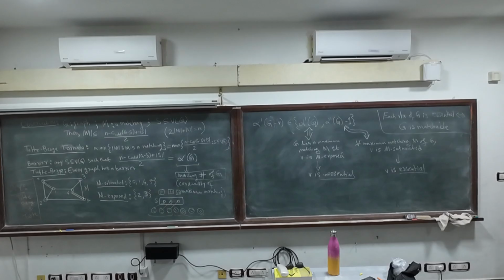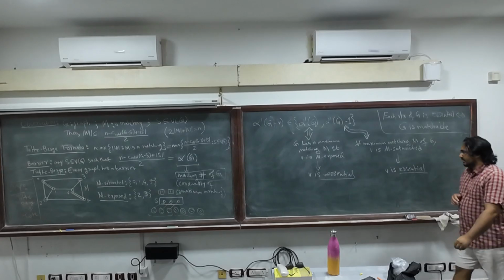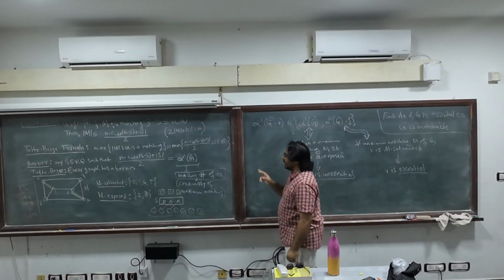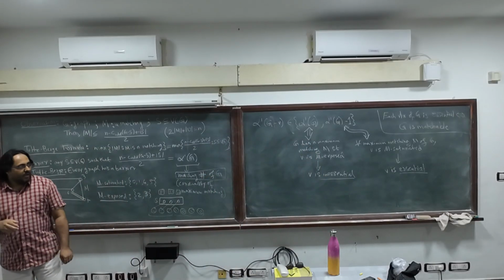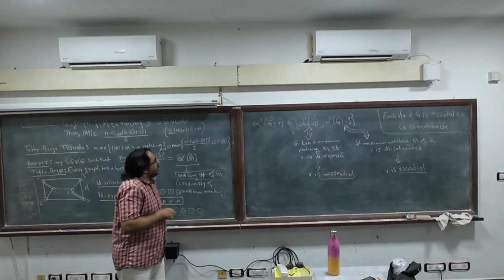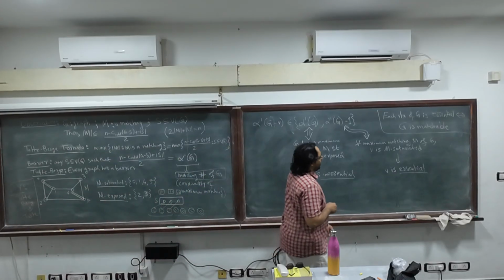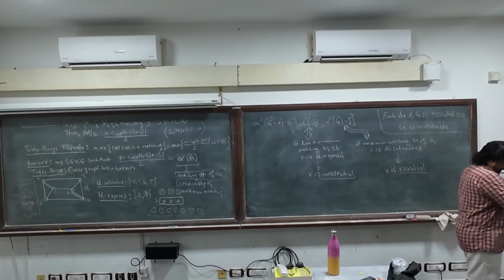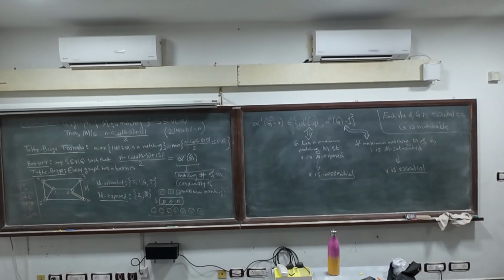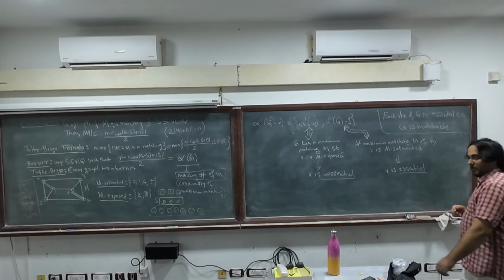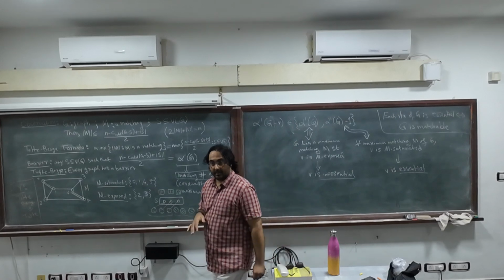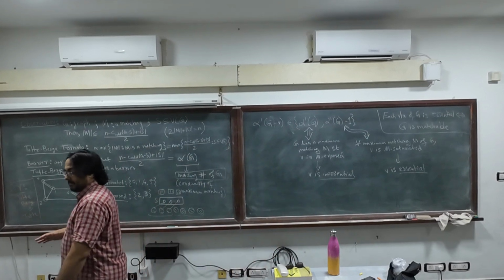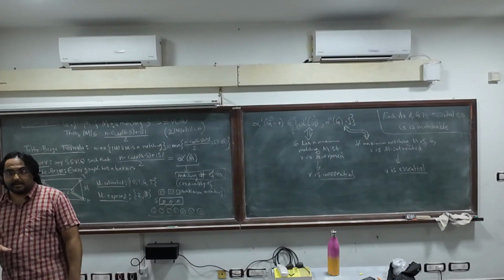So, what we will do to prove the Tutte-Berge theorem: either the graph has an essential vertex or it has no essential vertex. Every vertex is inessential. We'll have to also understand those graphs.